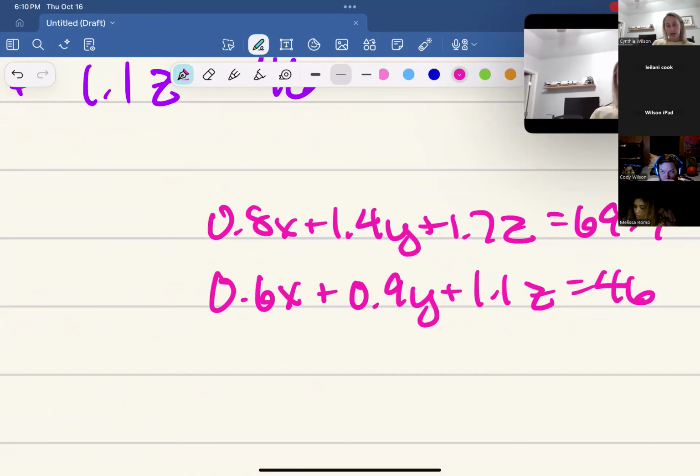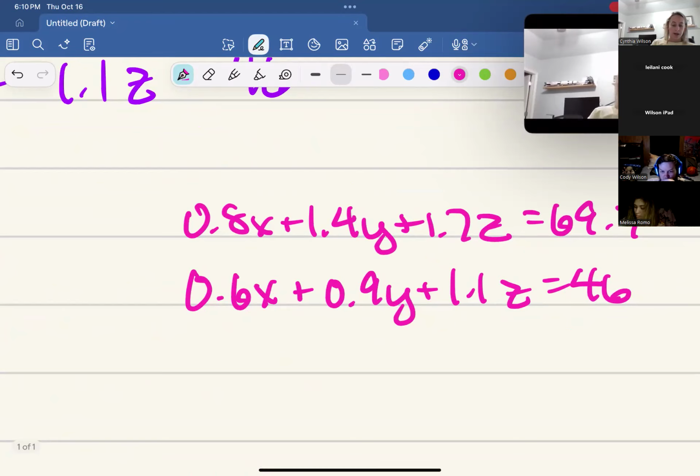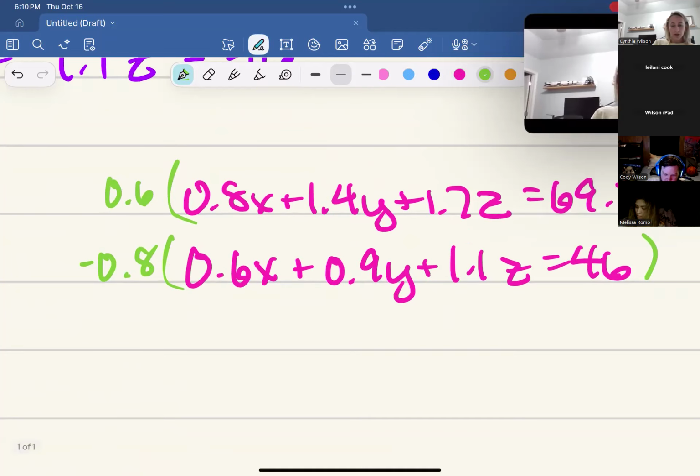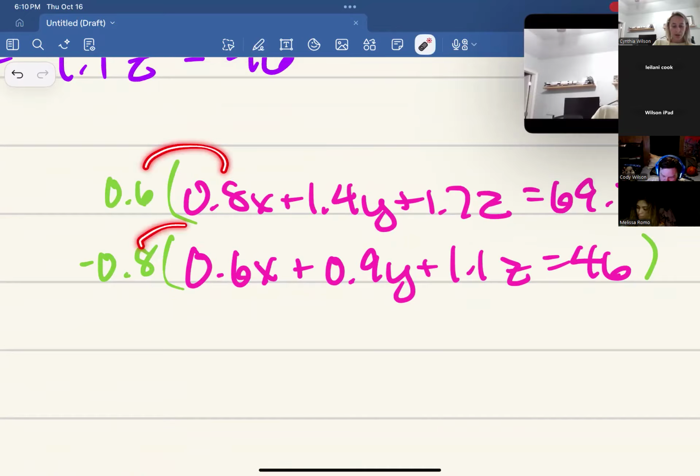Now I want to eliminate the x's, and I don't know necessarily the least common multiple of 0.8 and 0.6, so I'm going to multiply by the opposite side. So I'm going to multiply this one by 0.6, and I'm going to multiply that one by negative 0.8, so that when I distribute, these two values are the same, but have opposite signs, so I can cancel them.